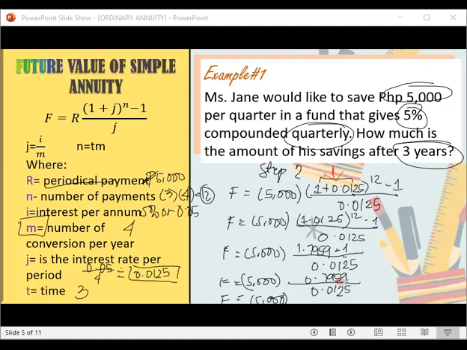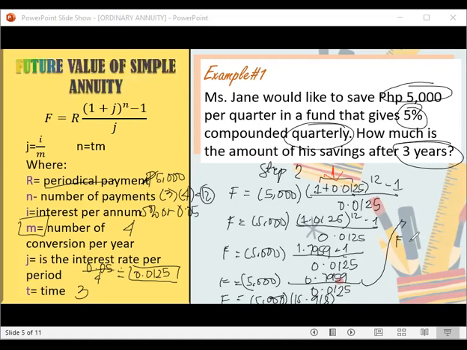So, 0.7959 divided by 0.0125. When we divide, we get 15.918. There. So, the last step is to multiply. So, 5,000 times 15.918.